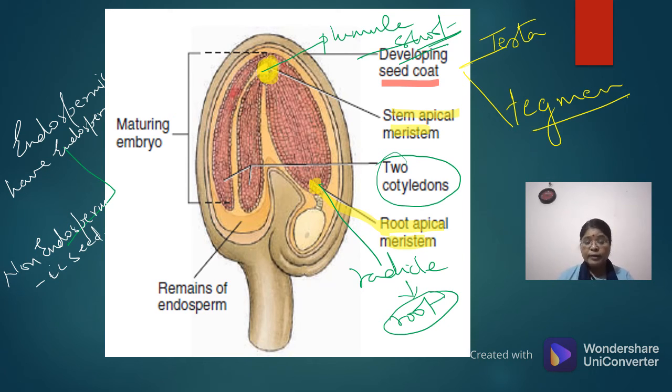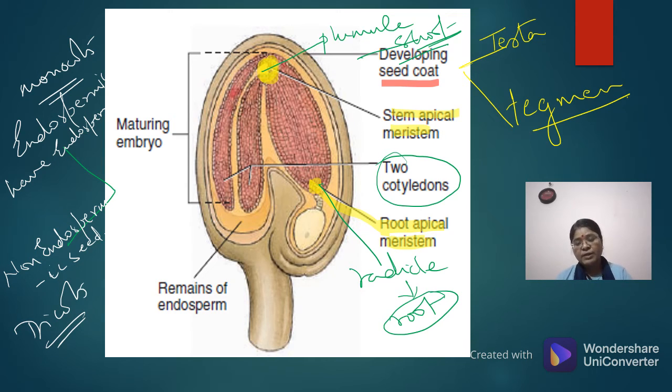Mostly you will find that monocots have endospermic seeds and dicots have non-endospermic seeds. But we will also see that there are certain cases where it is a dicot plant but has an endospermic seed.